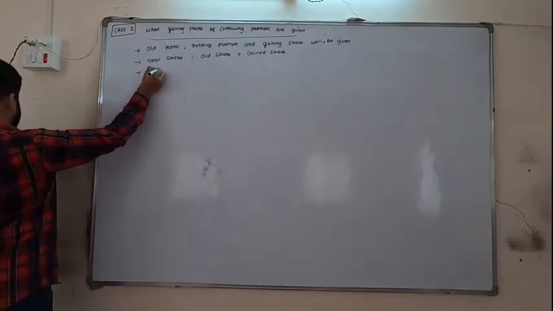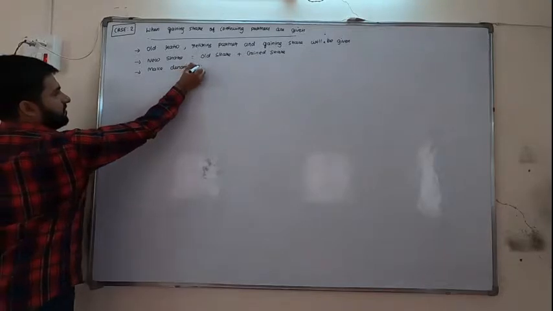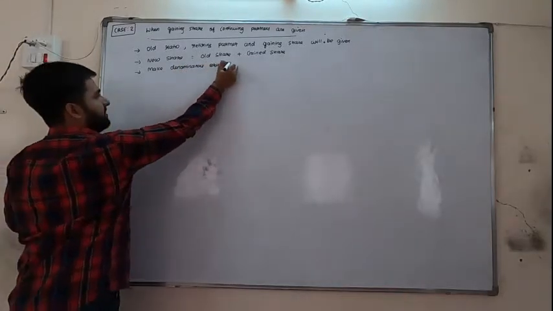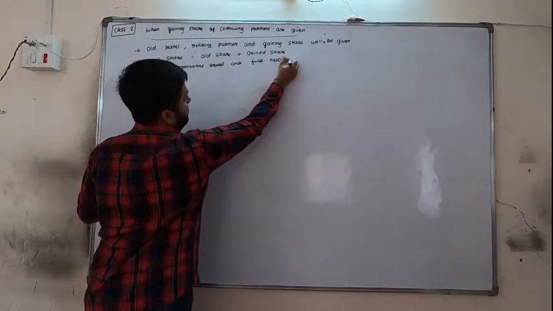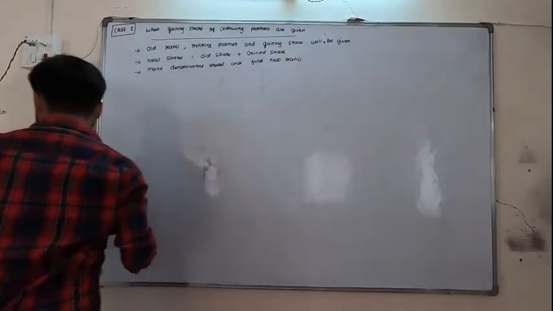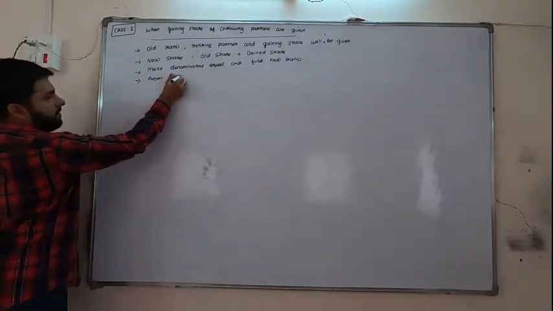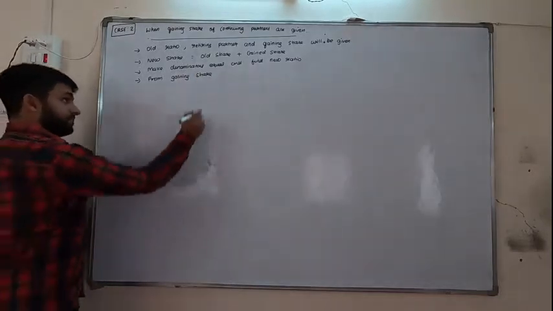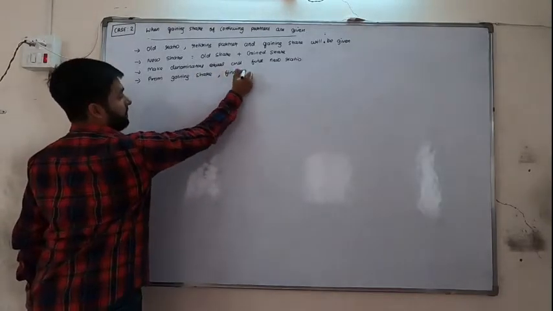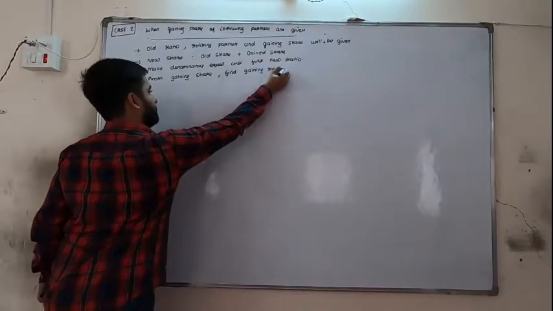Then if required, we will make denominators equal. Make denominators equal and find new ratio. From gaining share, find gaining ratio.